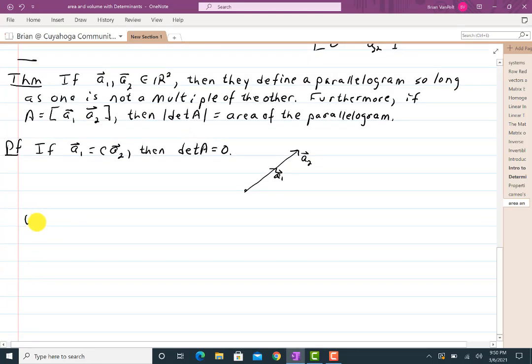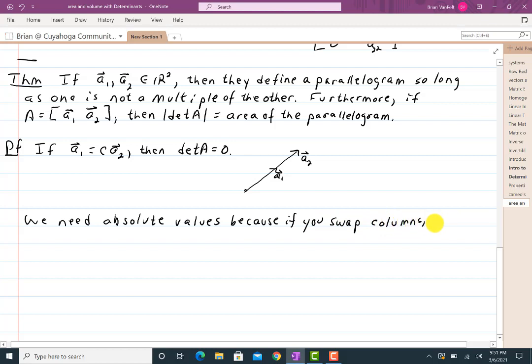Secondly, we need the absolute value because if you swap columns, you get the negative of the determinant.